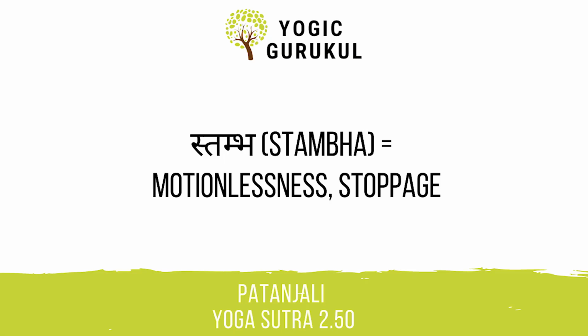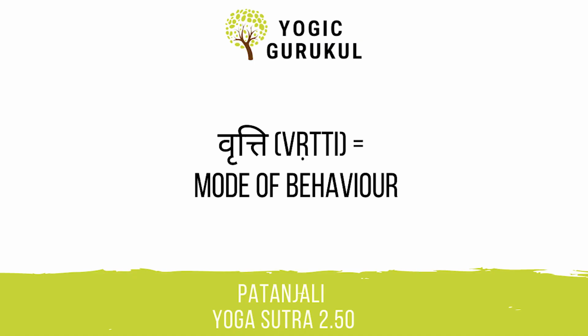Then coming to the next word, we have Stambha. Now Stambha refers to something that is reduced or stopped or motionless. So an in-between motionless stage. And then coming to the next word, which is Vritti. Now, vritti is a word that we've heard very often in the first chapter, but here it's talking about essentially a mode of behavior or a mode of doing something.